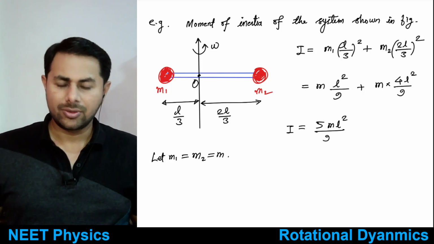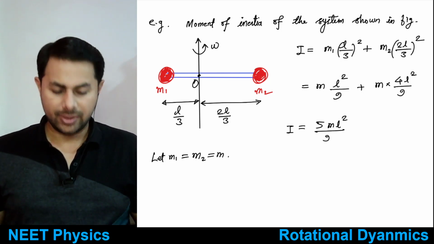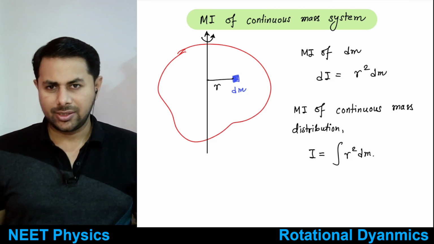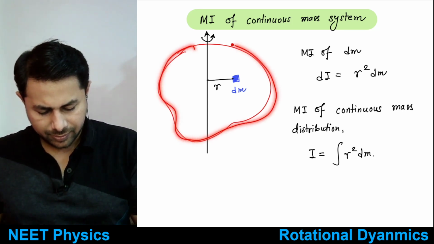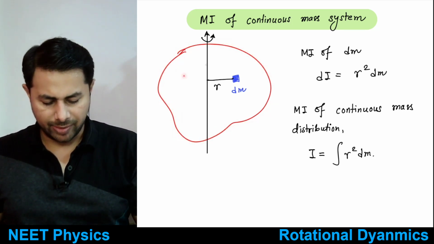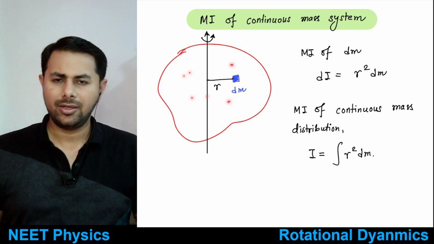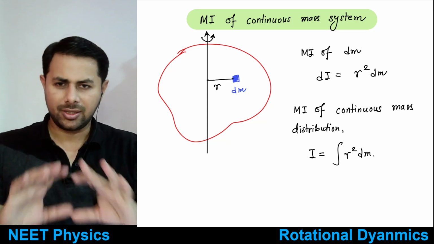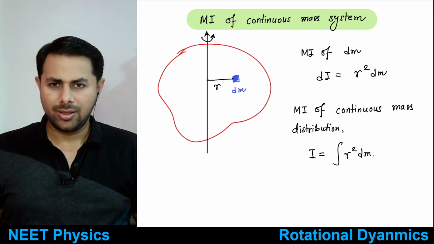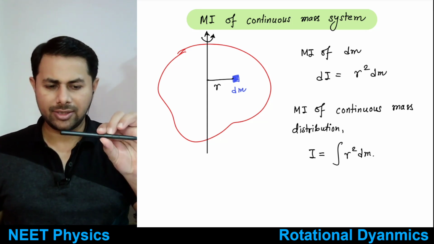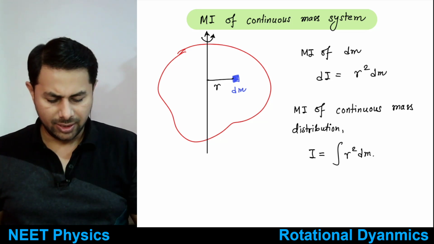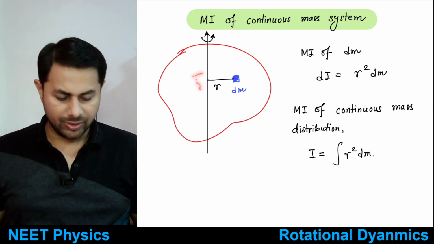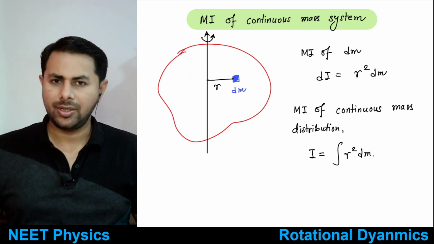So you can use that formula. But as we discussed in earlier cases also, we cannot measure the number of particles in real objects, in a continuous mass system. For example, in the case of this pen, you cannot measure how many particles are there, right? So in such cases, we make use of integration.